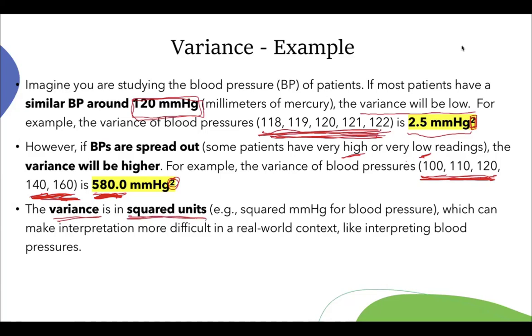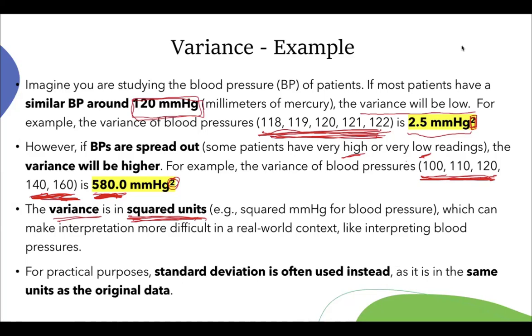If we were measuring miles, like distance to particular locations, and we found the variance for a set of miles, then our variance would be in squared miles, which sometimes makes things a little harder because you're trying to interpret something that is squared.